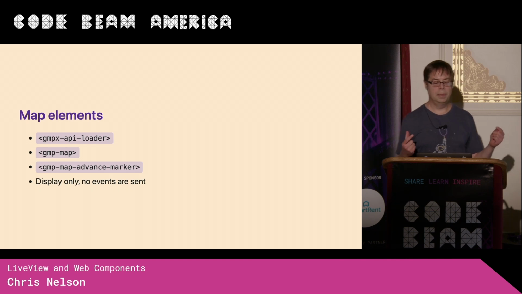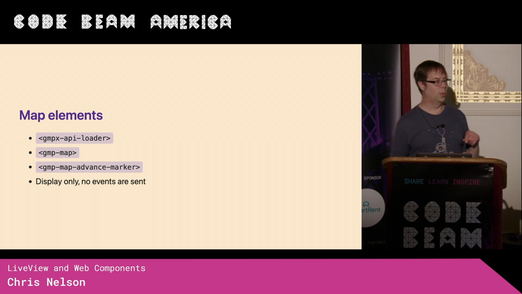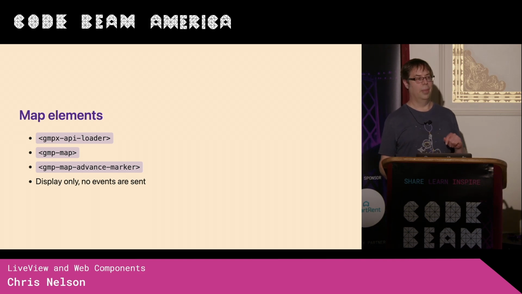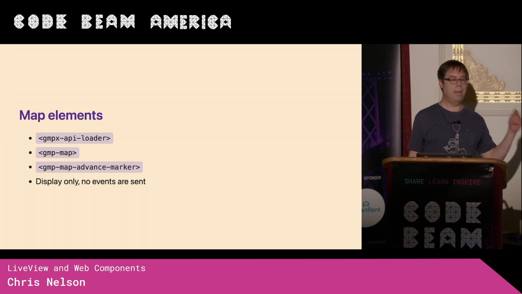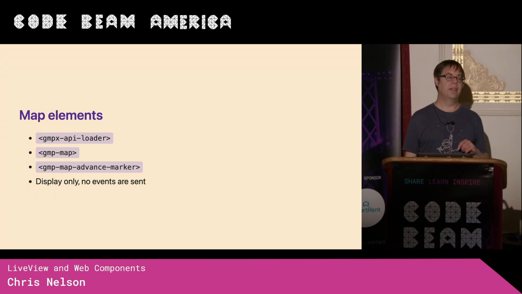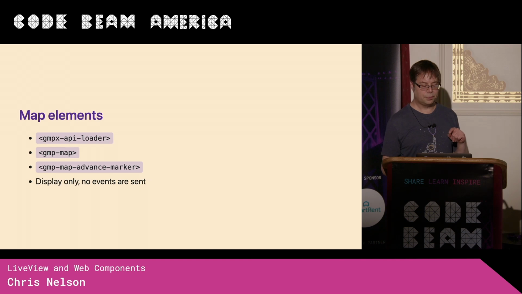We have a GMPX API loader, which is just Google's way of loading all the other code that it needs, because Google can't do things in a normal standard way, whatever. And it also passes along the API key, which is probably the most important bit. And then the GMP map element is the map, and the GMP advanced marker, I don't know what a simple marker is, but that's the marker that we actually see on the screen.